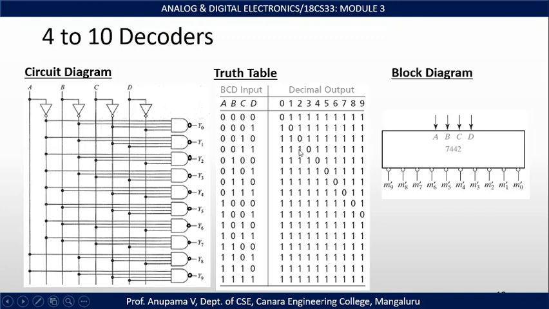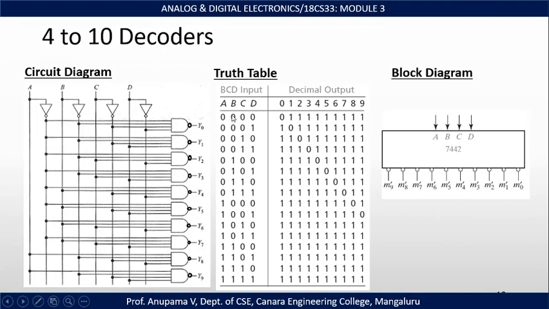Here this truth table is for the IC 7442. It uses negative logic, that is, when the input is 0000, I get the output in the complemented form. So in the block diagram it is indicated by a bubble. Instead of M9 I'll get M9 complement, or instead of M0 I'll get M0 complement.